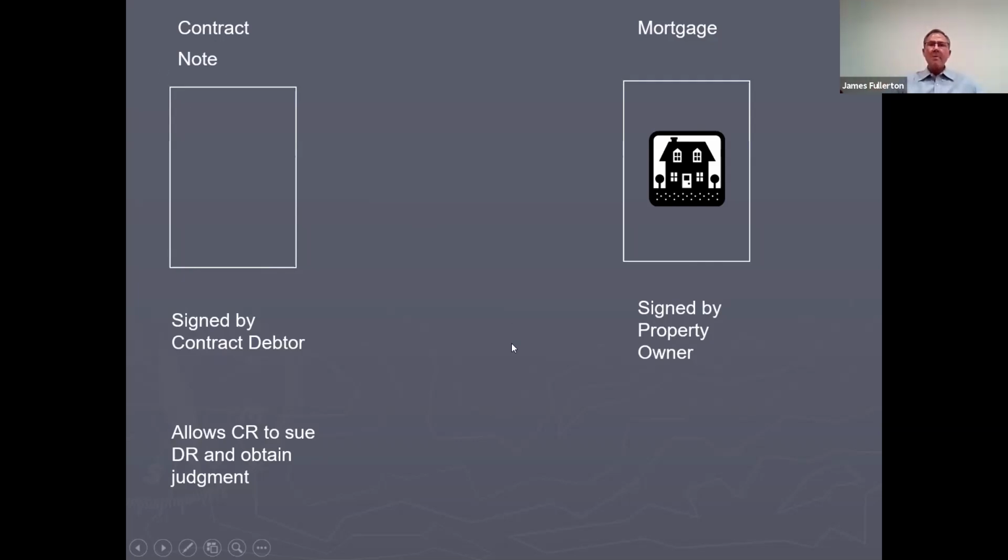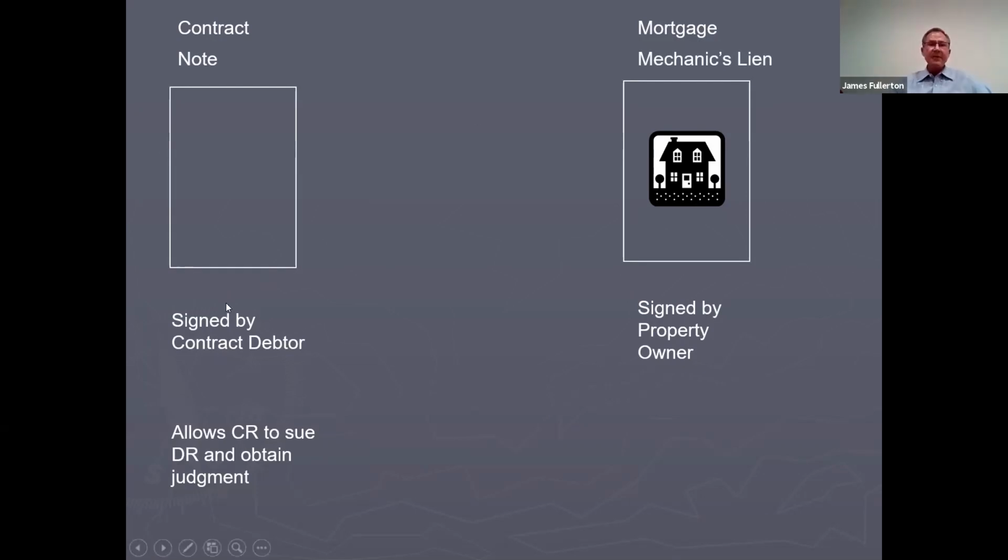However, one advantage that we have in the construction industry is that the legislature has provided us mechanics lien rights, which are essentially the same as this mortgage. It gives us a lien on specific real estate, the real estate where we supplied labor and material.